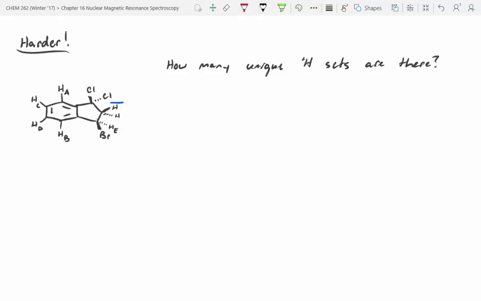So if we look at this one, it's pretty abstract to think about. But we've got A, B, C, D, E, F, and G. These are referred to as diastereotopic protons. You made up that word. Diastereotopic.